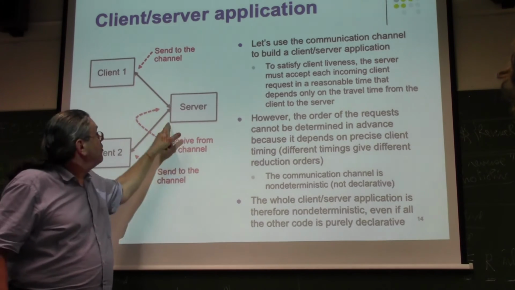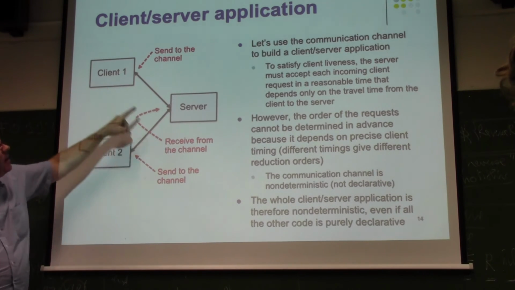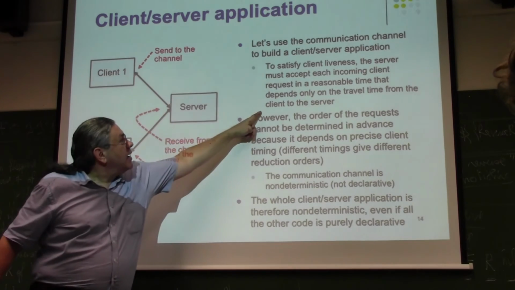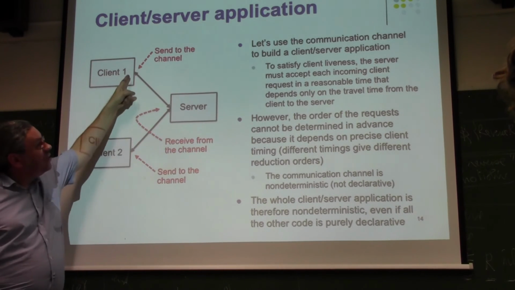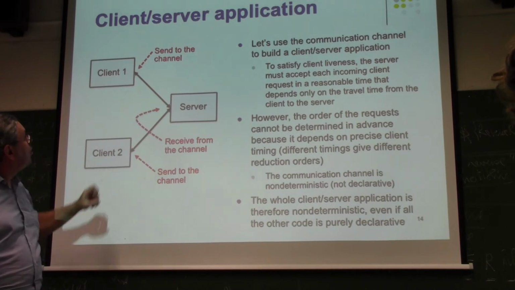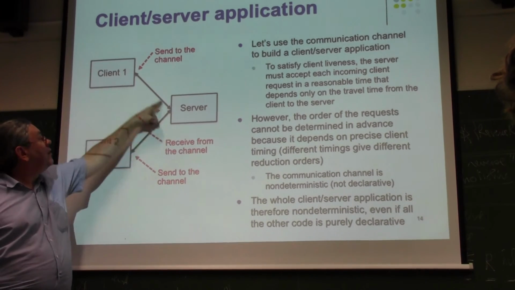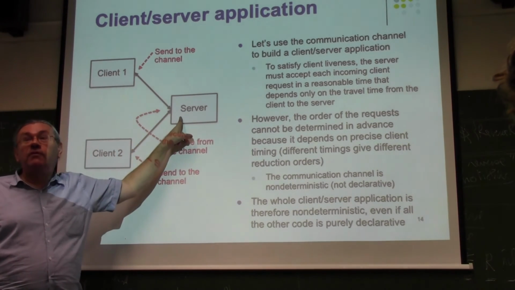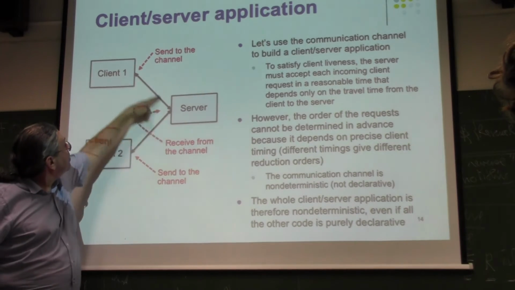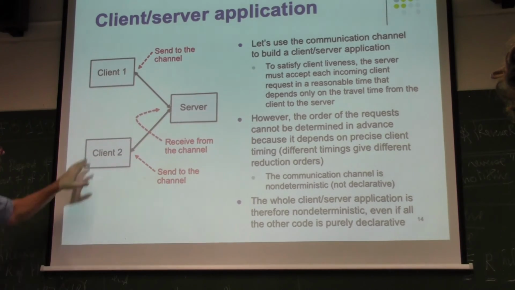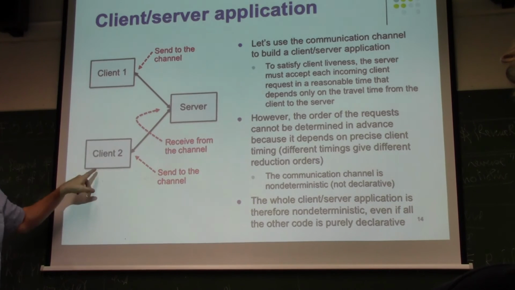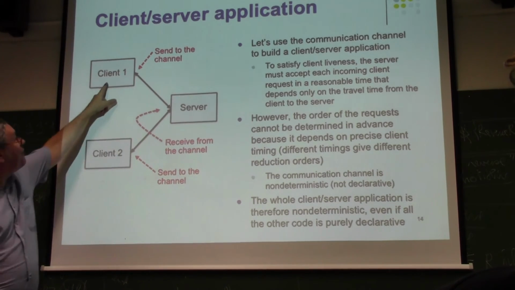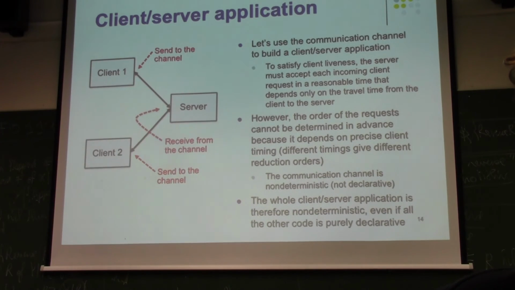The server must accept each incoming client request in a reasonable time that depends only on the travel time from the client to the server. So when client 1 sends a request, the server has to accept it in a reasonable time that depends only on the travel time, and it does not depend on client 2. For example, if client 2 sends a request, it should not affect client 1.